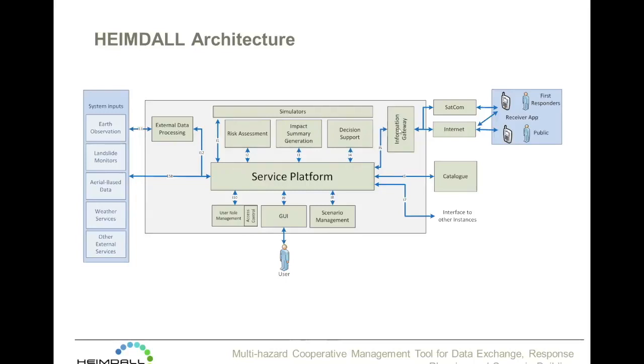And further, we have a catalog that helps with information discovery and supports interconnecting to other authorities. And then last but not least, in the center, there is the core element, the service platform that interconnects all modules of HEIMDALL.